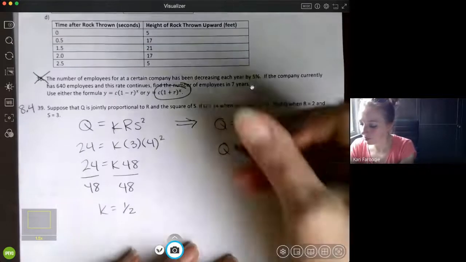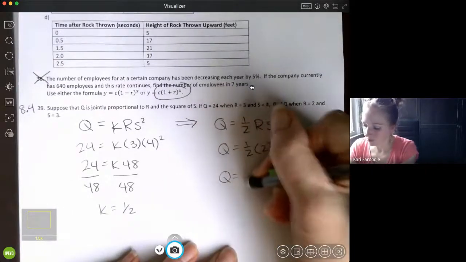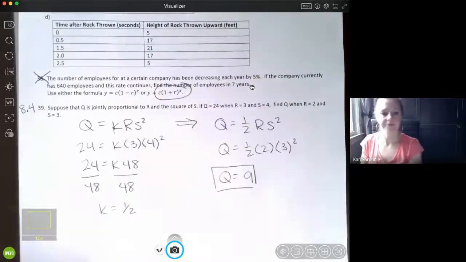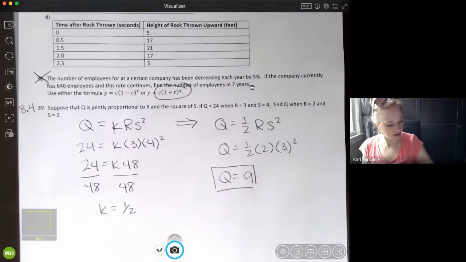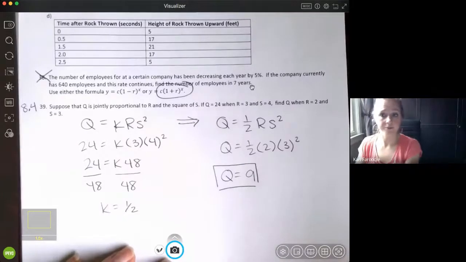And then we'll just multiply on the right-hand side. 1/2 times 2 is 1, and then 3 squared is 9. So that was number 39. Questions on 39?